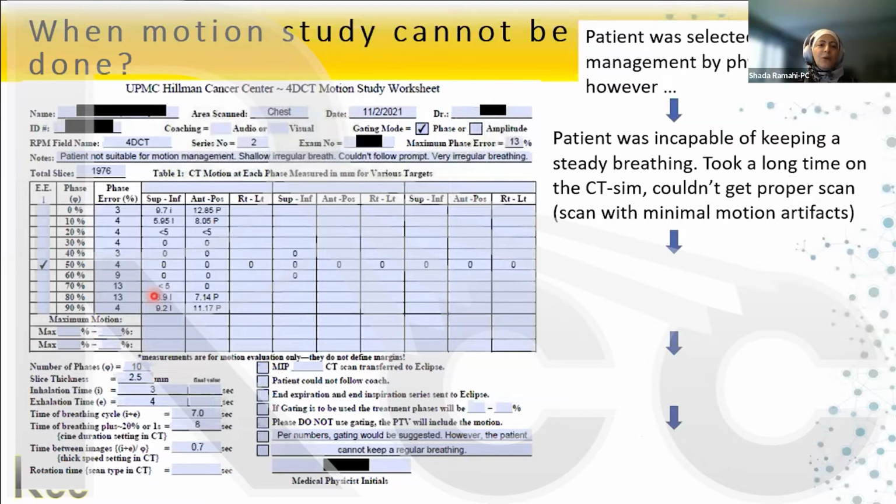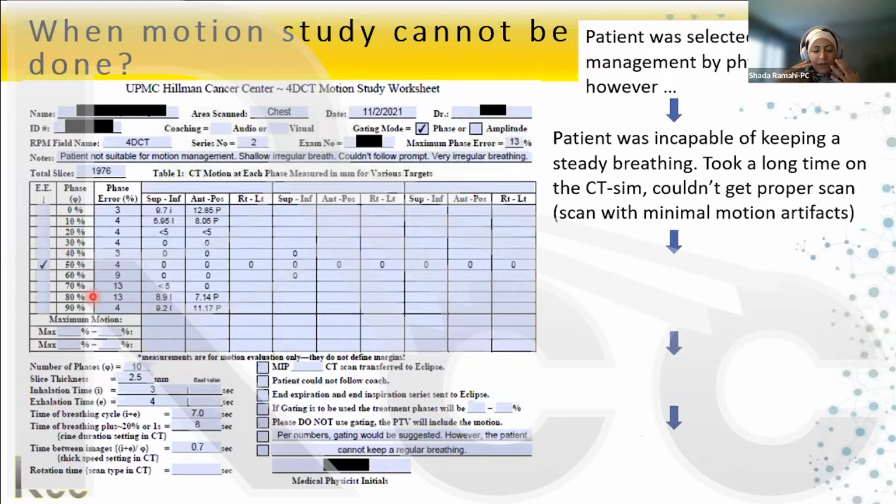They were breathing all over the place. And you could see here we have phase error, as someone mentioned, good catch on the tables. We have phase error of 13% over here, and we don't want to see that. What does that mean? It tells me that the quality of the scan is bad, and that's coming in the next slides.